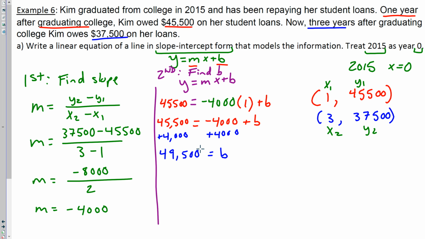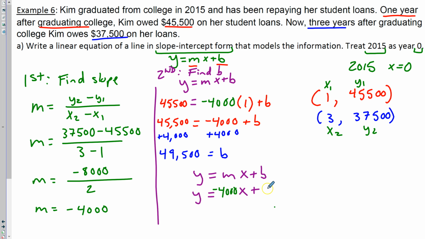And then this method, the only thing you have to be careful about is I haven't found my equation. All I found was the b. I still have to go back to y equals mx plus b and now plug in both the slope and the y-intercept. So that's the only tricky part if you do go down this route, is you have to have the forethought to go back to your equation and plug in your slope and y-intercept.